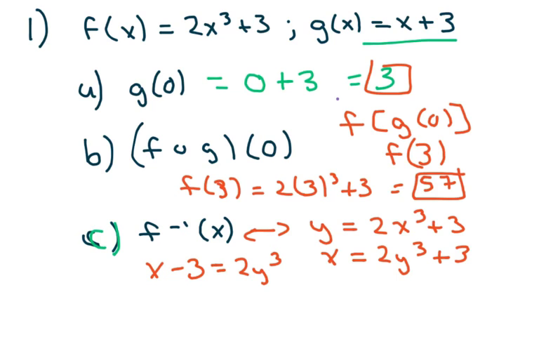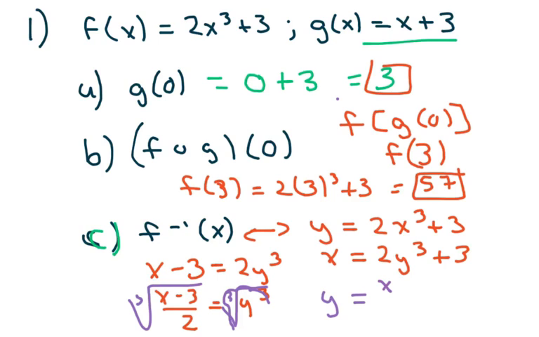Divide both sides by 2. So I get x minus 3 over 2 equals y cubed. And then you're going to cube root both sides, so this cancels that. So you get y equals the cube root of x minus 3 over 2, which is your inverse.